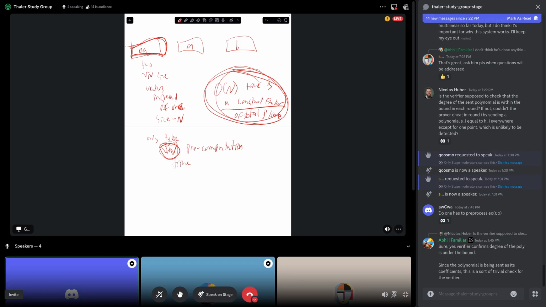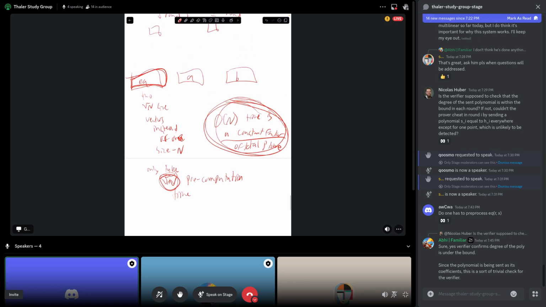So that is the answer to, does the prover need to pre-compute this equality vector? Turns out it doesn't, but that's a very recent development. If you're naive about things, then it does, but it can do it in linear time, linear in the number of terms being summed.